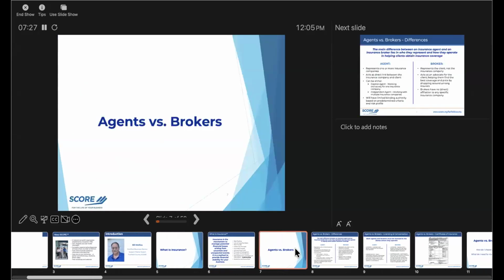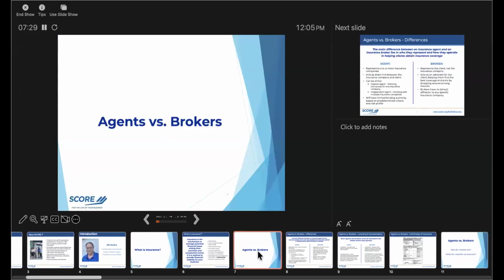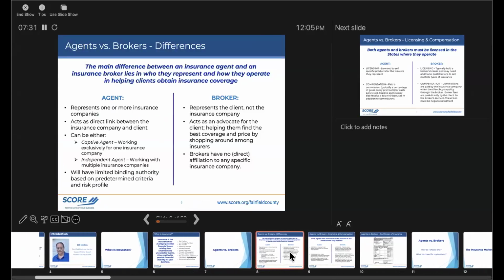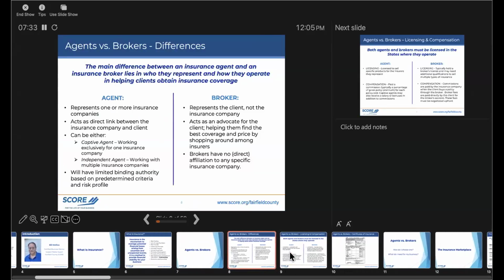Okay, agents versus brokers. These would be the two people that would help you enter the insurance marketplace. However, they come from two different areas. An agent represents one or more insurance companies and acts as a direct link with the insurance company, and oftentimes has a limited amount of binding authority.